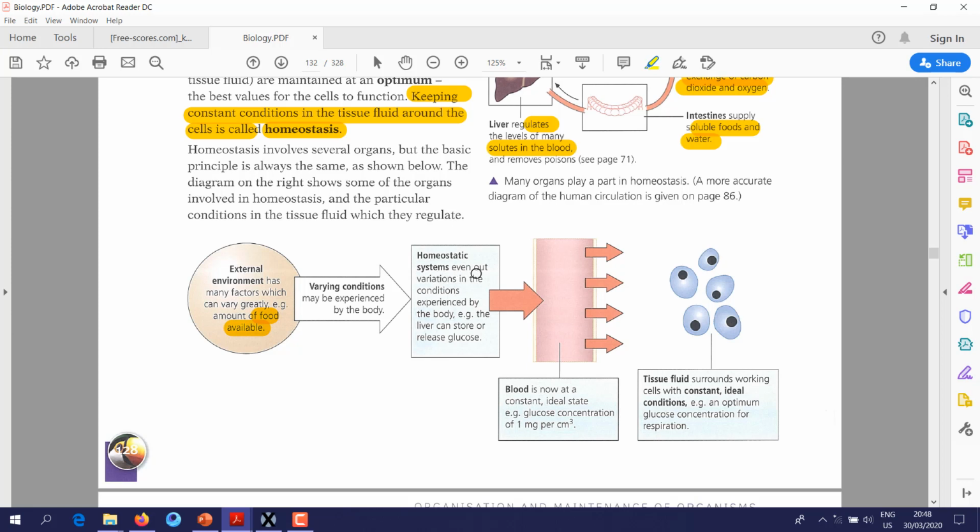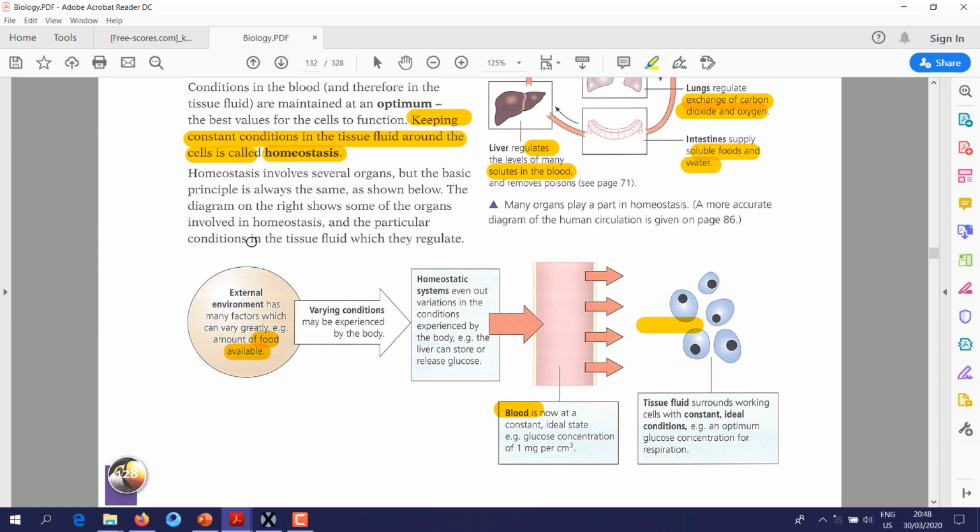Then this food goes inside the body to the digestive system, to the intestine, then it goes to the blood, then from the blood it is sent to the cells, and so on. So what is homeostasis? Many organs working together, helping each other to make the body function well.